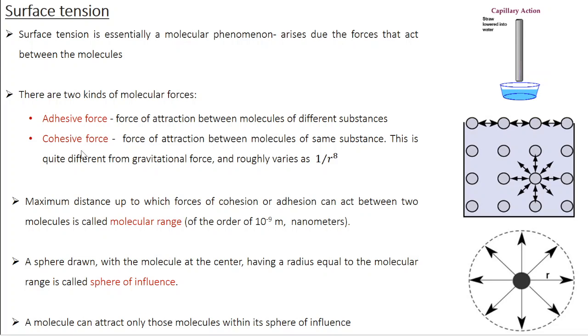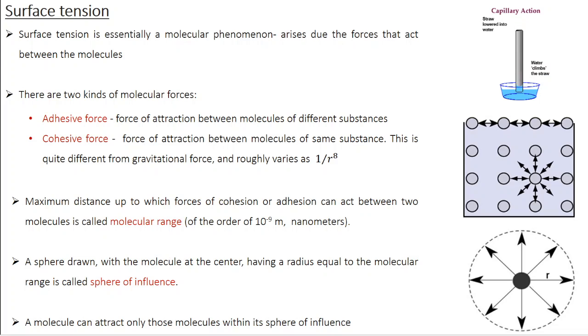On the other hand, cohesive force has a 1 over r to the power 8 dependence. So these two are completely different. Also, when it comes to molecular dimension, we know that the mass of a molecule is very, very small. Consequently, the gravitational force is going to be very weak. So in molecular dimension, the cohesive force is going to be much more prominent. Okay.